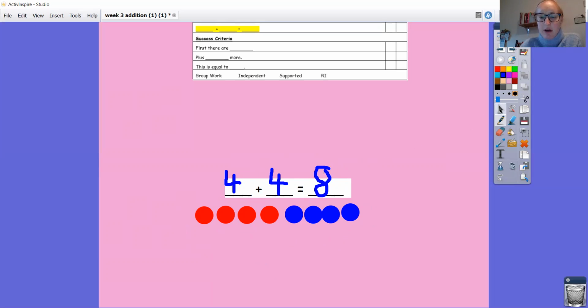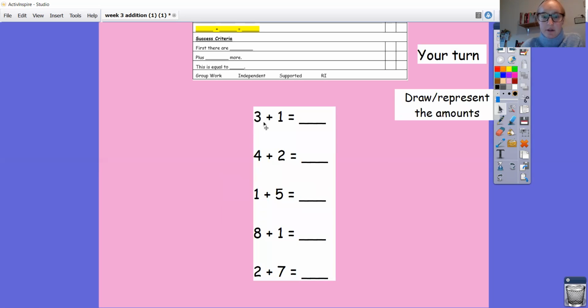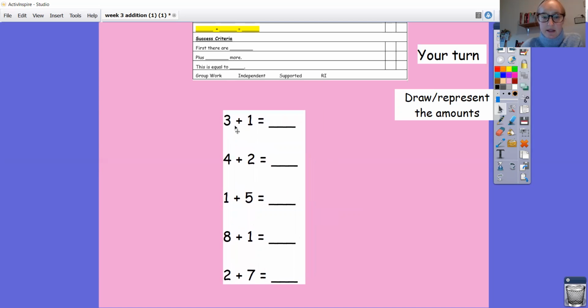Well done. Right, now I want you to use this learning. Okay, so these representations, these circles that I've drawn underneath, I want to see you have a go at doing at home. So these are my number sentences. Okay, my addition number sentences. So I've got my plus, my addition symbol here, and my equals symbol here. I want you now to have a go at writing this number sentence down and then drawing the different parts underneath.